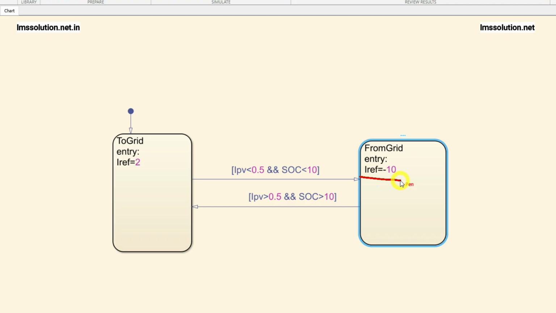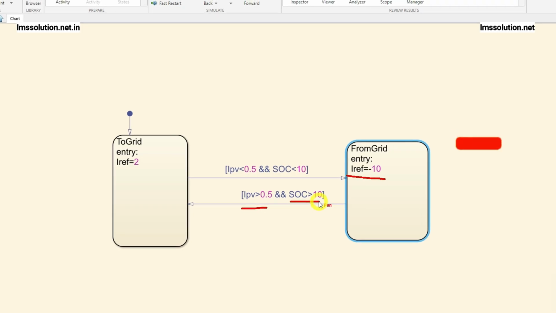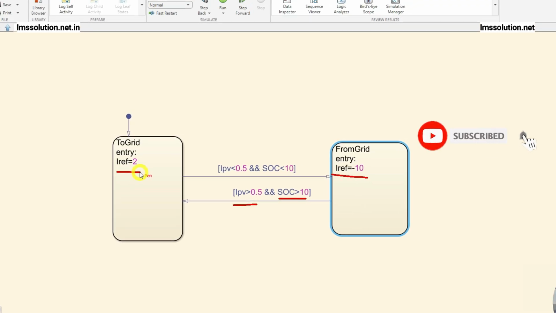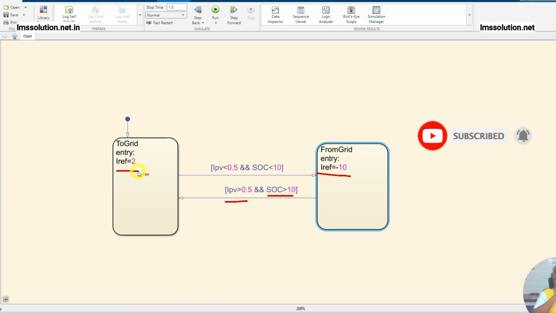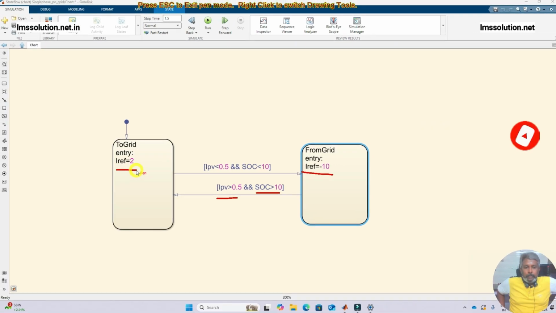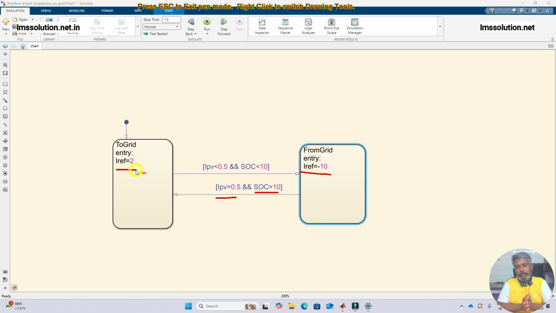So to supply the DC load as well as to charge the battery, we take the power from the grid, for the condition IPV is below 0.5 and the SOC is less than 10 percent. If IPV is more than 0.5 amps and the SOC is more than 10 percent, we are supplying power to the grid. So this is the logic we implemented for the inverter control of the grid.